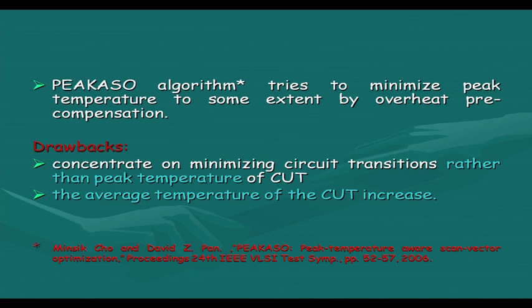If we look back, there are some algorithms that have been reported in the literature, way back in 2006, Picasso, that tries to minimize the peak temperature to some extent by overheat compensation. What this work does is that it classifies the patterns into some which result in high temperature and some which result in low temperature.